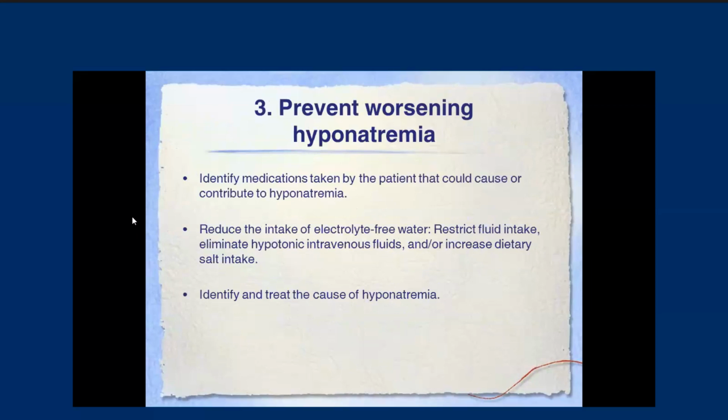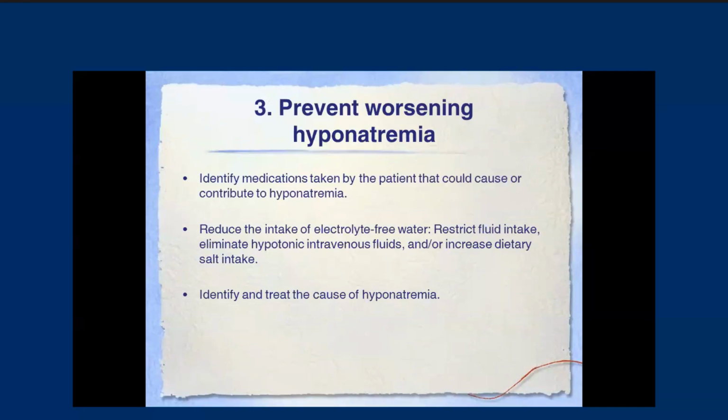So the third principle is to prevent worsening hyponatremia. Identified medication taken by the patients that could cause or contribute to the hyponatremia should be discontinued, unless there are no other drugs which replace the drug that the patient is taking.